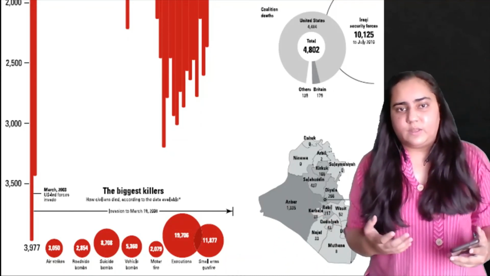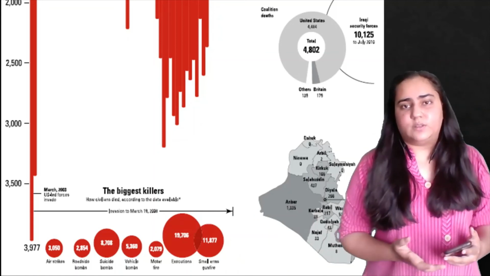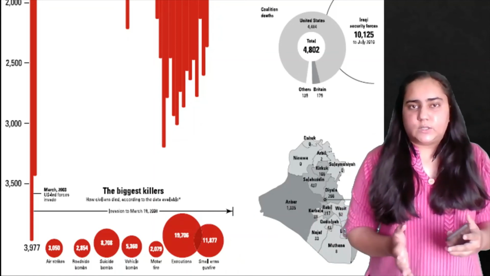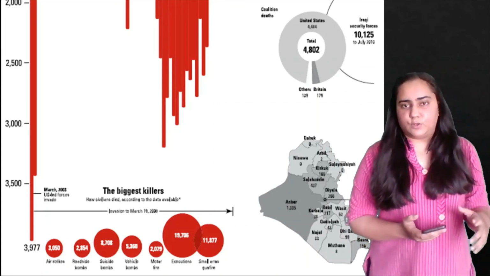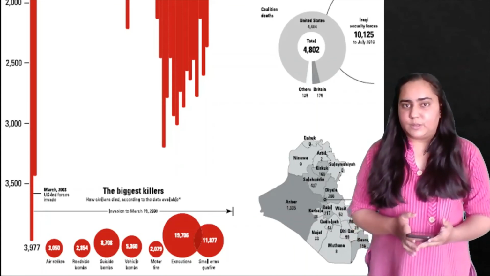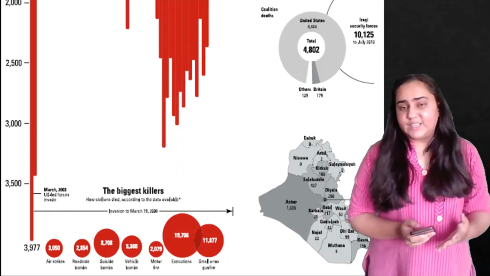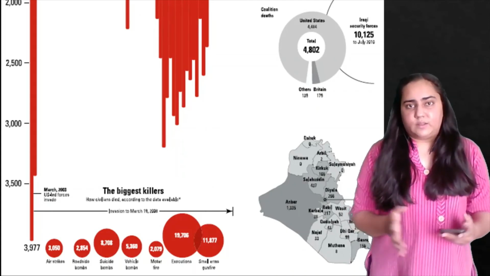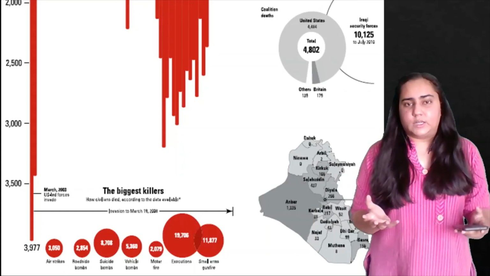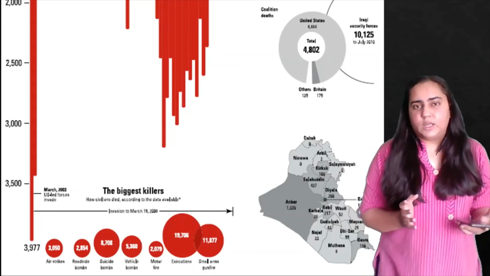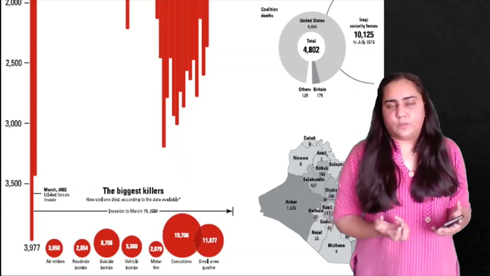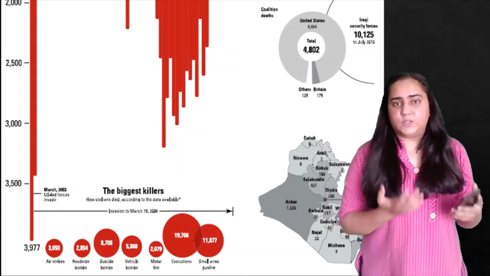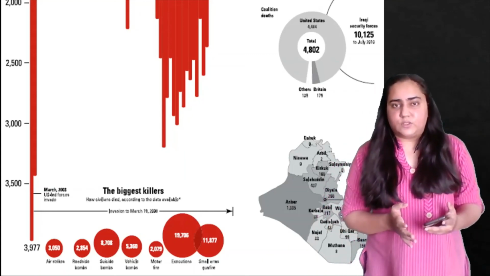So when you look at this and when you try to explain it to someone, it's very easy to get that person to have some emotional response to this because it is created in such a way. And there's a lot of red color and everything is very precise. Even though it is so artistic, it does not actually obscure the meaning of the chart. When you look at it, you still understand what it is trying to say.